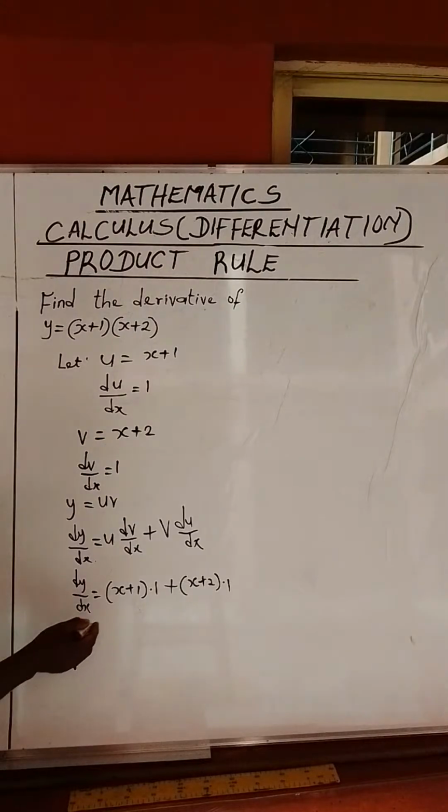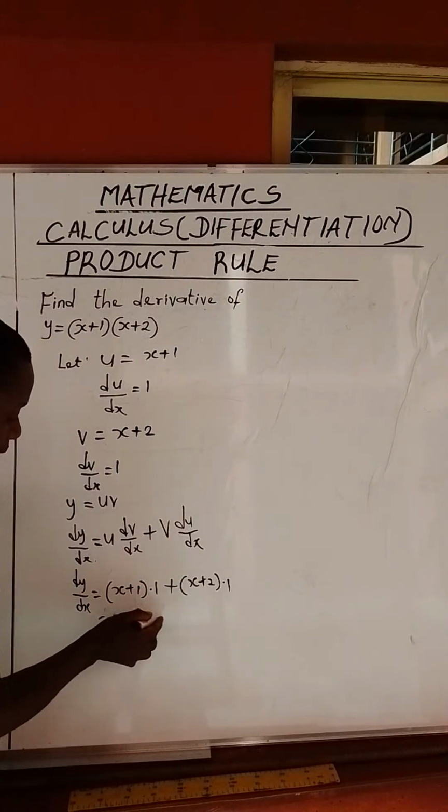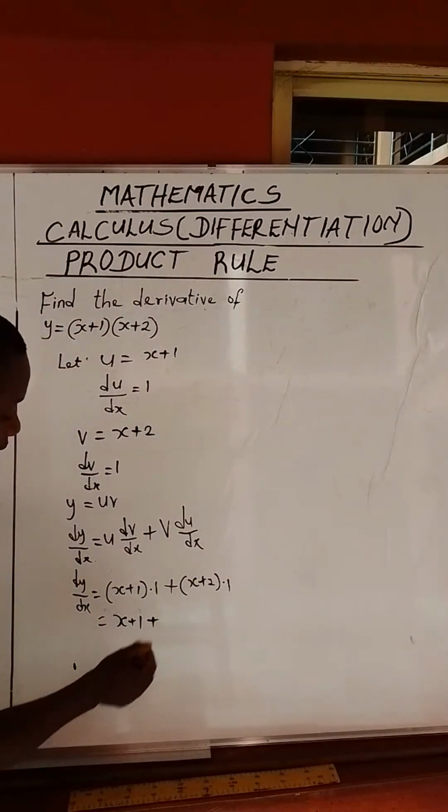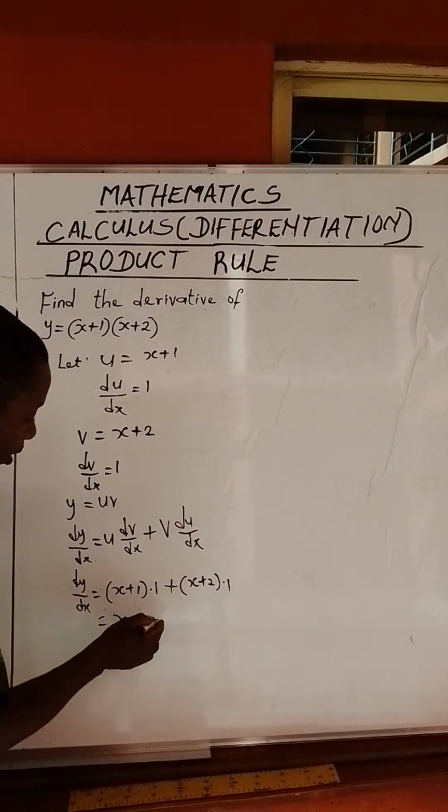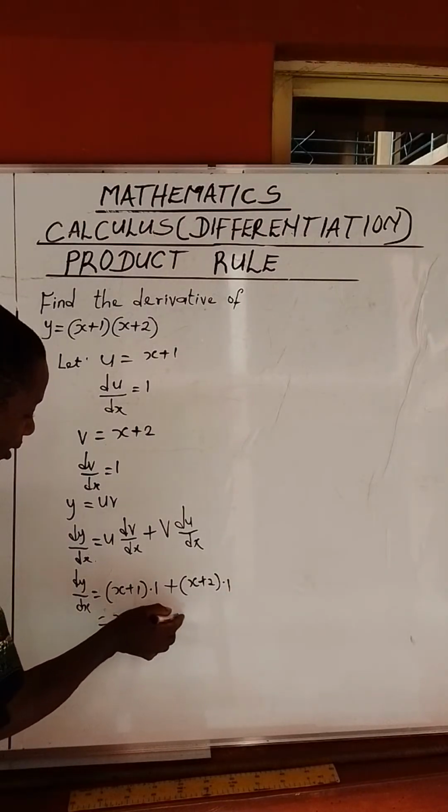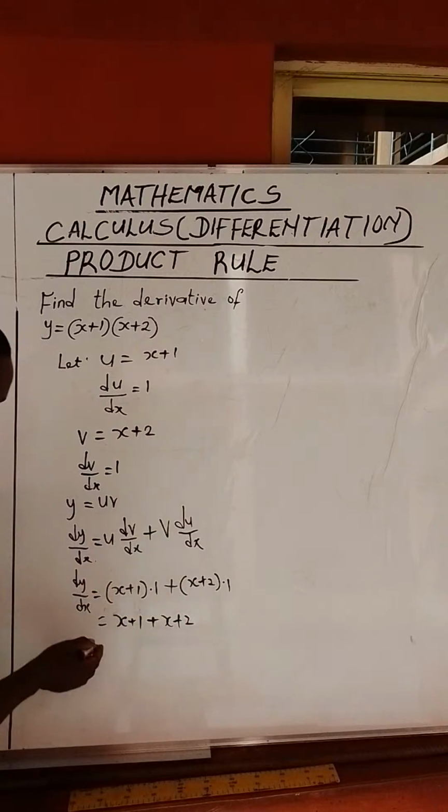When we go ahead and simplify, 1 multiplied by this bracket opens the bracket and gives us the same result without any change at all. So we have x + 1. Then here, (x + 2) multiplied by 1 gives us x + 2.